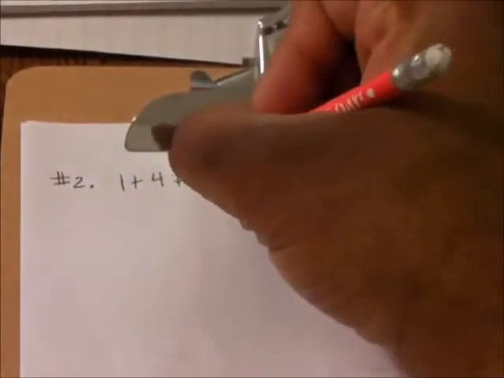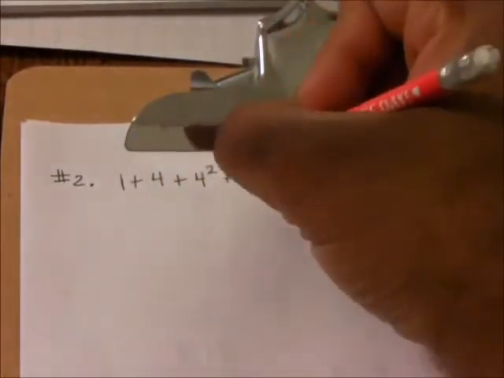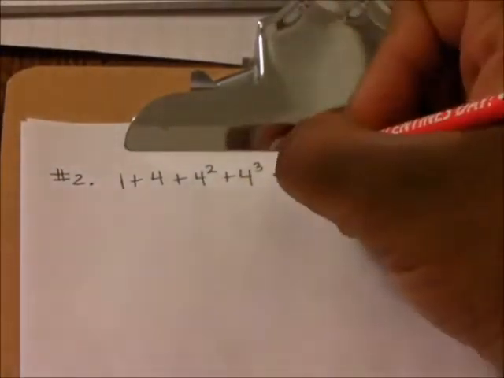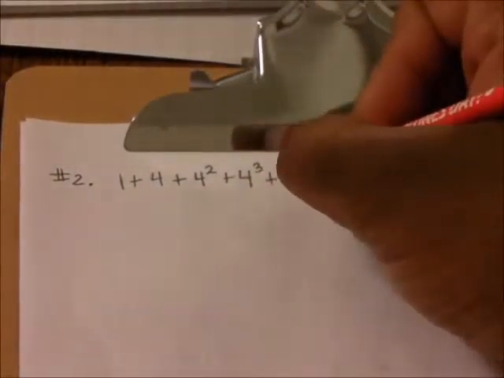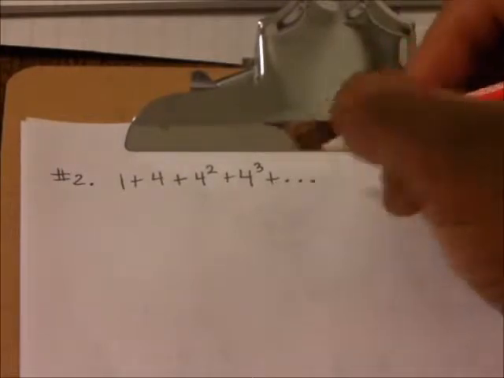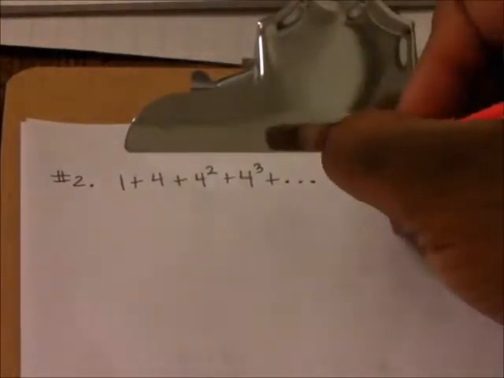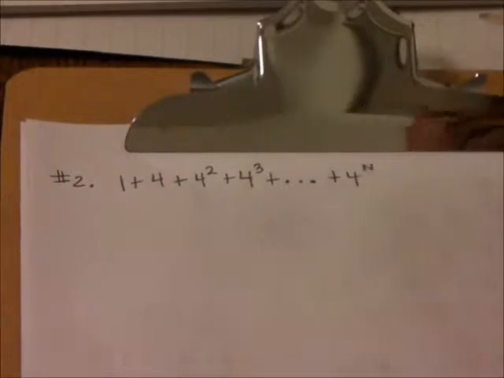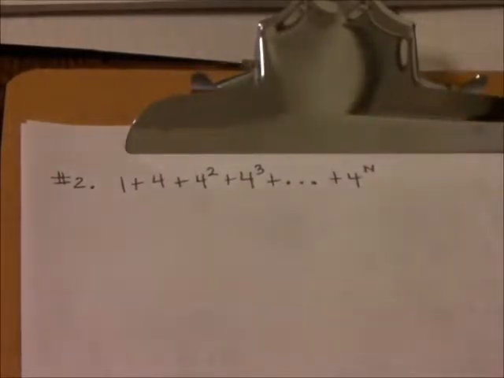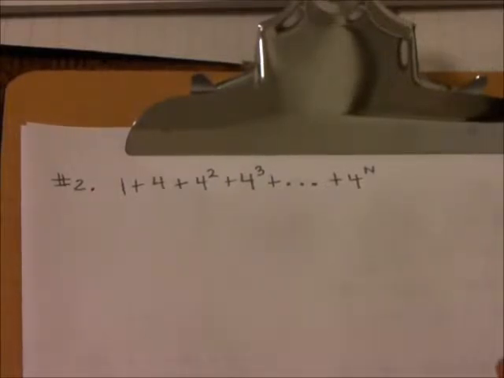So this is number 2 in the homework problem: 1 plus 4 plus 4 to the second plus 4 to the third plus dots. This means infinity, so it's an infinite series, plus 4 to the n. That's going to be a little tricky because we don't know the value of n, because it doesn't stop. But we can find a summation formula once we follow the steps.